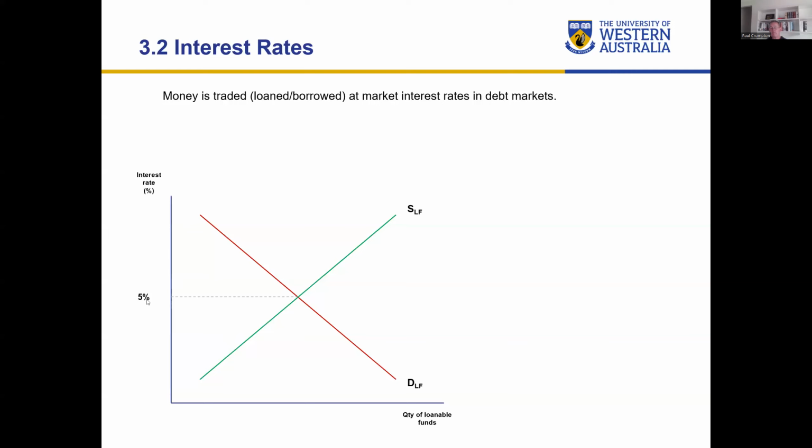And that interest rate might be 5%. Now, of course, that doesn't mean that you get paid 5% on your money for 1 day. That would be an annual return of over 1,800%. It's ridiculous. So hopefully that makes sense.